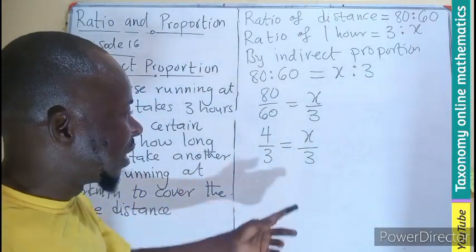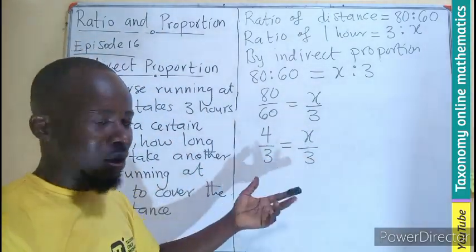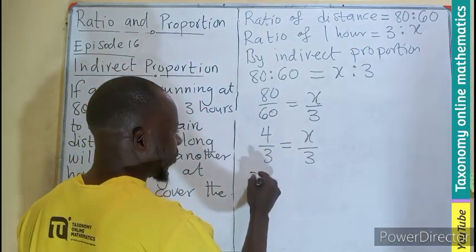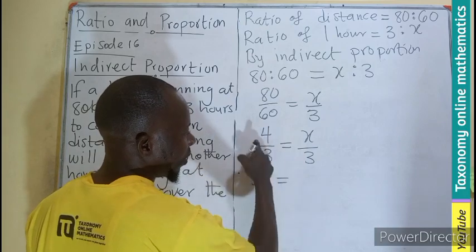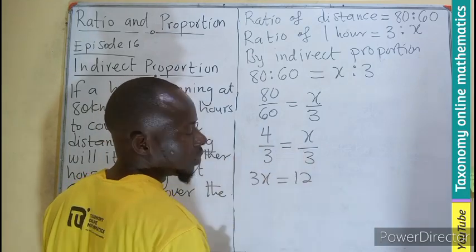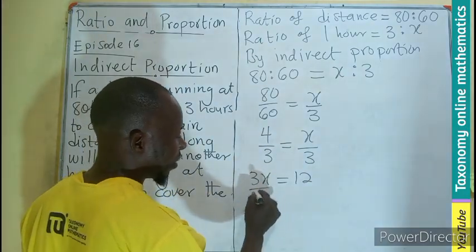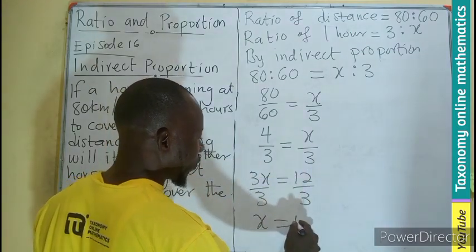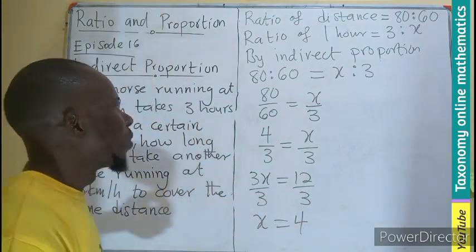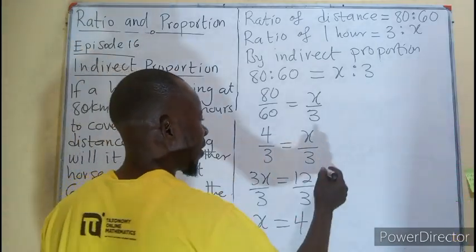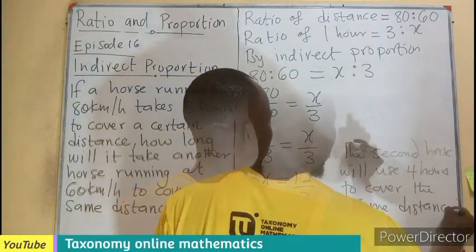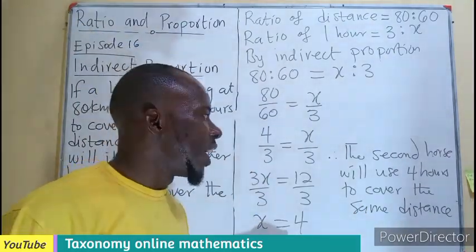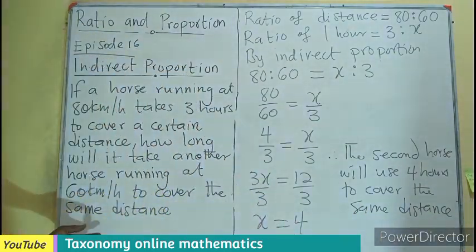So this simply means that x is 4, but we can still cross multiply. 3 times 4 will be 12, and 3 times x is 3x. So we divide by 3, x will be equal to 4. Therefore, the second horse will require 4 hours in order to cover the same distance.